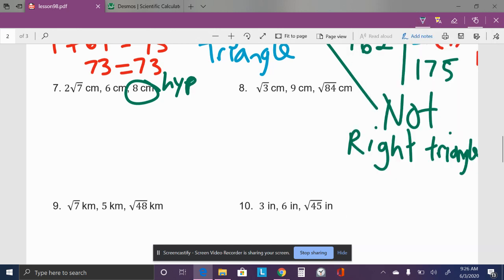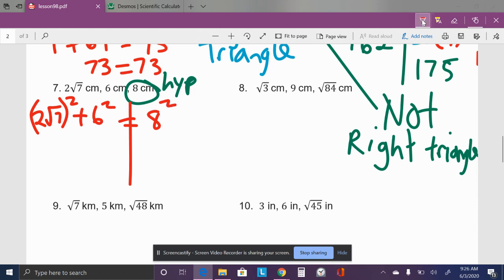So in this one, we have 2 radical 7 squared plus 6 squared. Is that going to equal 8 squared? All right, remember, when I square this, we have to square both the number out in front and the radical. So that becomes 4. 2 squared is 4.